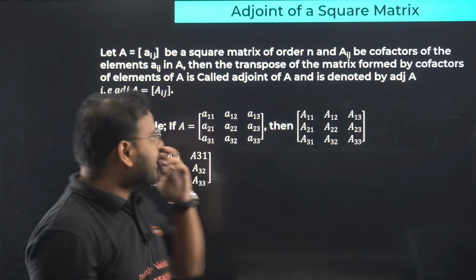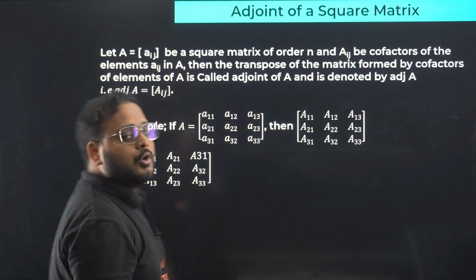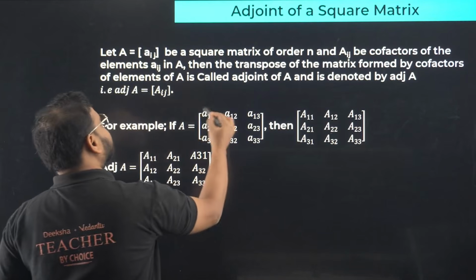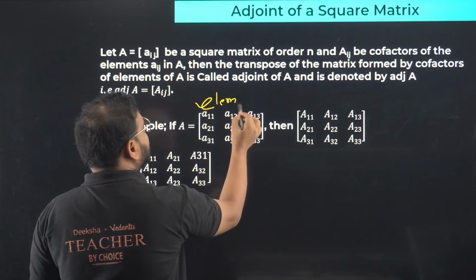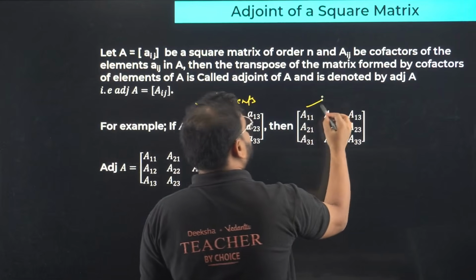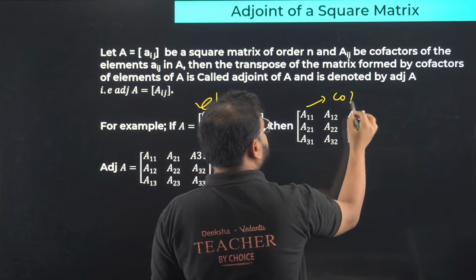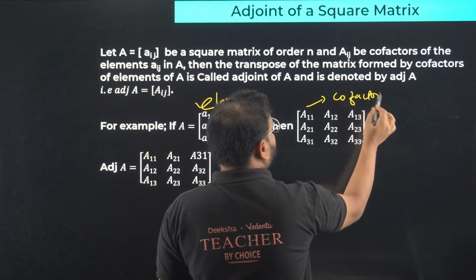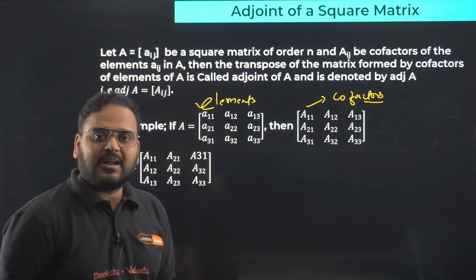Okay, now adjoint of a square matrix. So I think you know this. This is the elements of a 3 cross 3 matrix. What is this? This is the respective cofactors, right or not? Capital A represents cofactors.